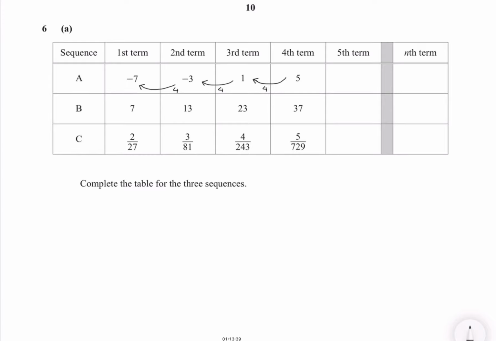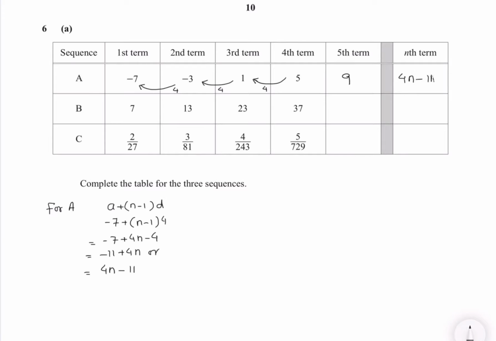So the fifth term is 9, because you add 4 to 5. So the nth term, because it's a linear sequence, is a plus n minus 1 times d. A is your value of first term, d is your difference. And now simplify this. You get minus 11 plus 4n, or you can write 4n minus 11.